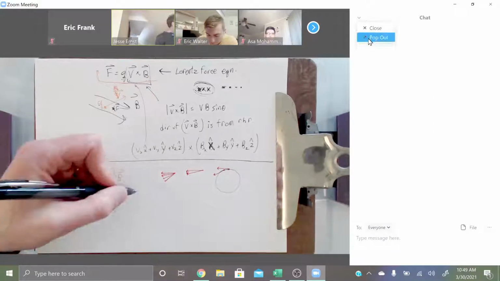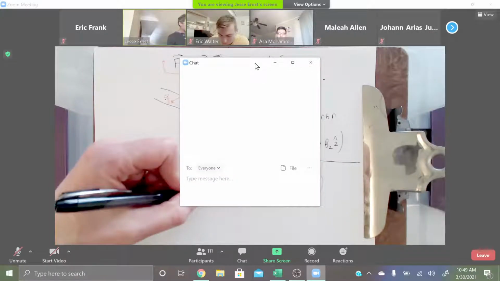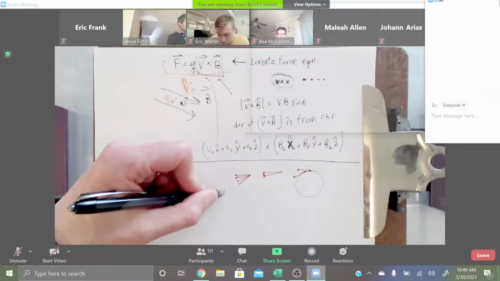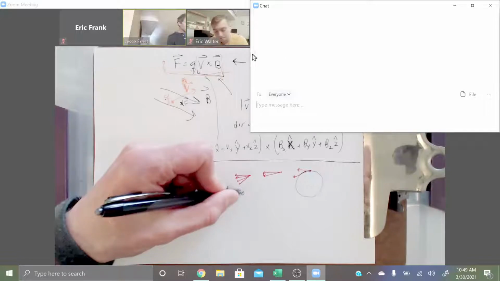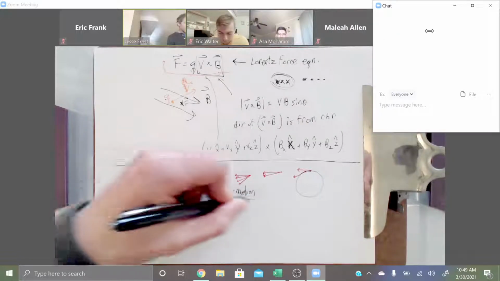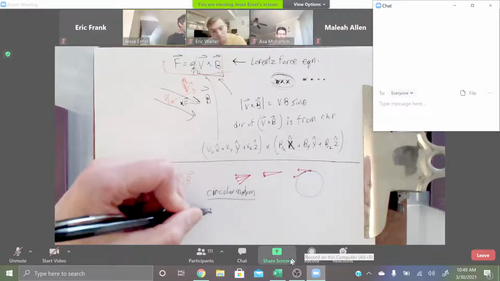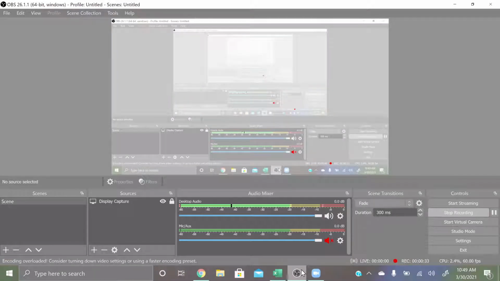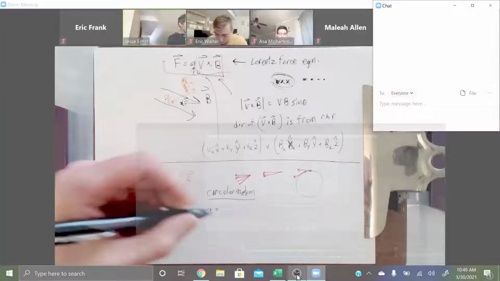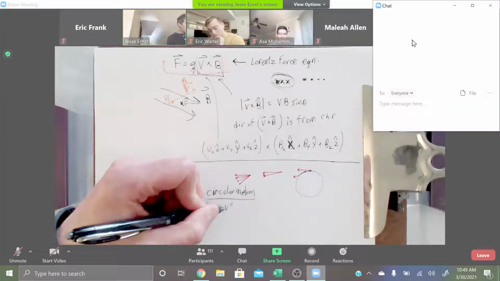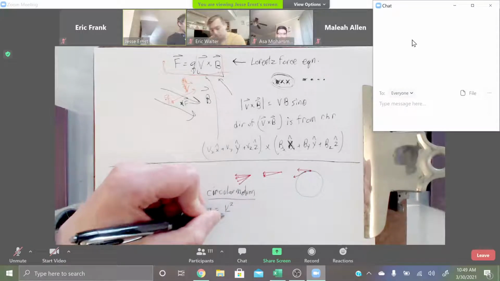So you know it's circular motion. Right? So it's circular motion. And so you know the magnitude of the acceleration vector is the velocity squared, the magnitude of the velocity squared, divided by r.